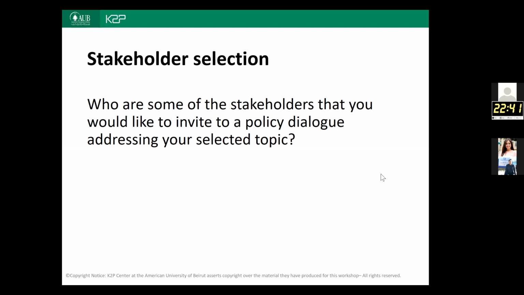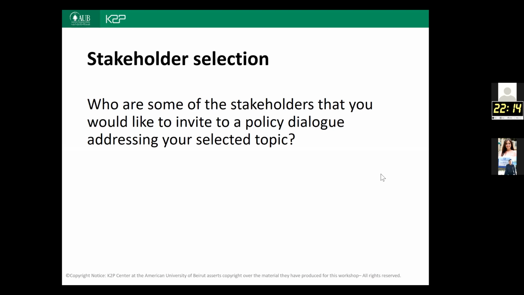You always need to think of your policymakers similar to your underlying factors. Who are those that will be working on the governmental level? Who are those that will be working on the financing level? And who are those that will be working on the delivery level? So is it some of the stakeholders that might be involved in the screening, for example, in the initial screening, or in the next step of management and treatment, for example?